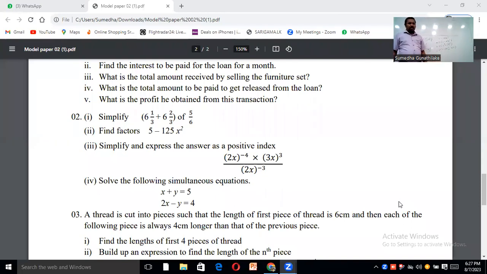Simplify and express the answer as a positive index. Two x to the power minus 4, three x cubed over 2x to the power minus 3.